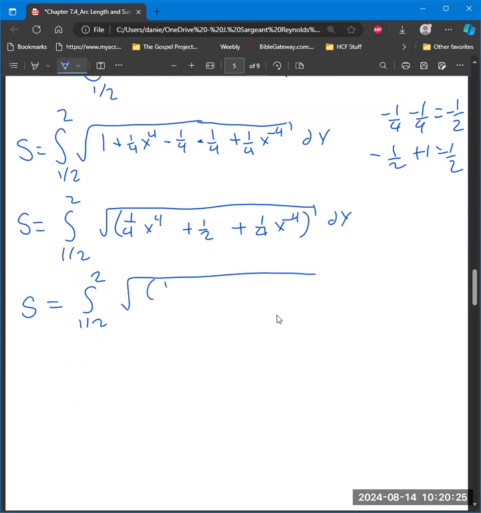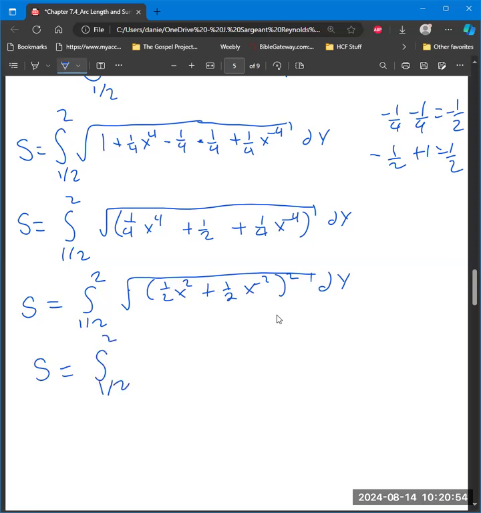This is now 1/2 x squared plus 1/2 x to the negative second. Check that out if you would like to, but 1/4 plus 1/4 now gives me 1/2 as my middle term. The other things stayed the same, and this is going to be squared. So the square root and the squared make each other go away.